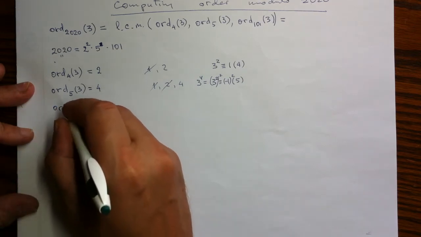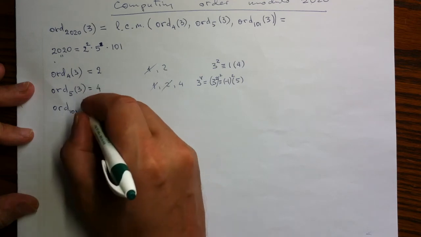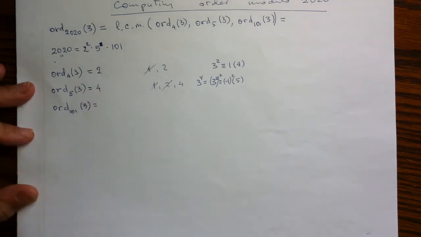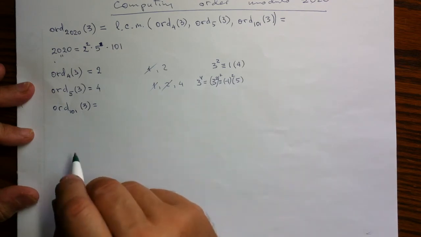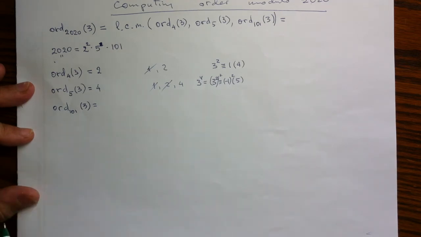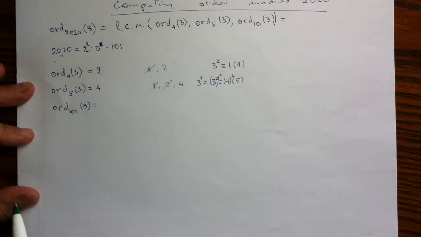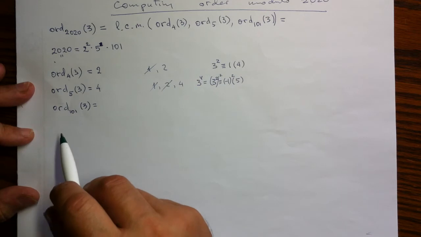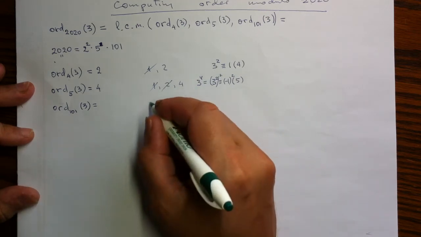What is left is to find the order modulo 101. So again, I could start by listing possibilities. They are all divisors of the Euler function of 101. Since 101 is a prime, the Euler function is 100, and the divisors now are very numerous.